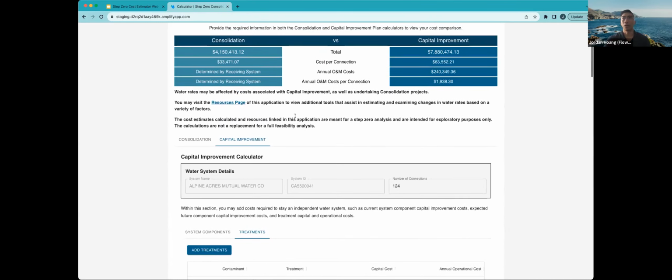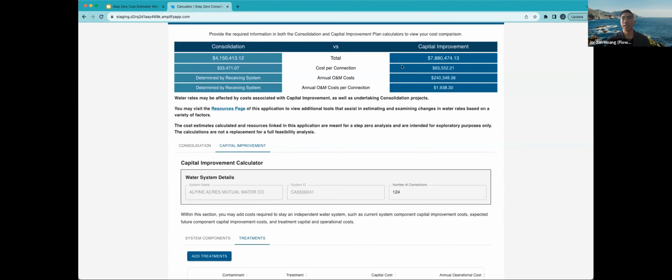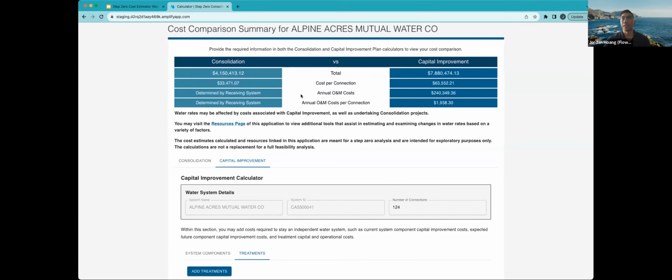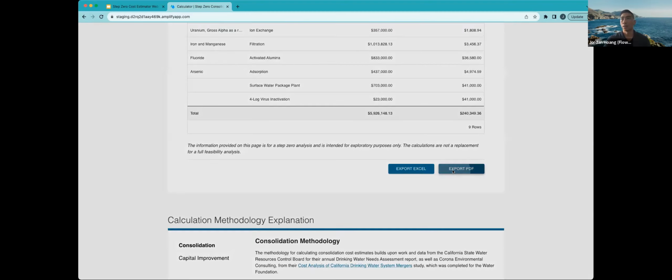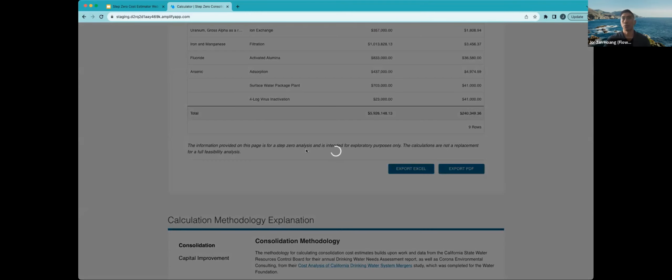cost calculator filled out, you'll see this summary table is populated up here. Again, values are probably not very accurate for y'all, but just an idea of the values that we're displaying and where they're getting broken down. And then that PDF now should be pretty filled out with everything that you've been seeing from the application.